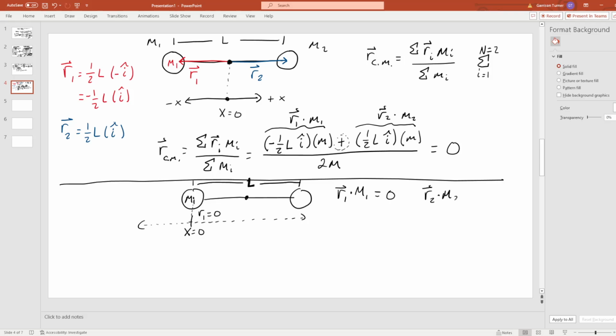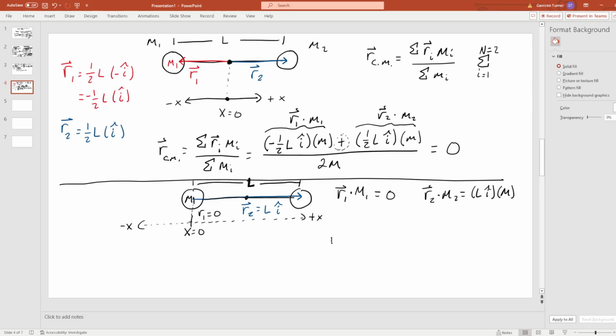R2 times M2. R2 is now this entire vector, which is L in the I direction. We can say it's in the I direction because that should be plus x, and that's minus x. I forgot to label my axes, not a big deal. And so R2 is now going to be L in the I direction times M.